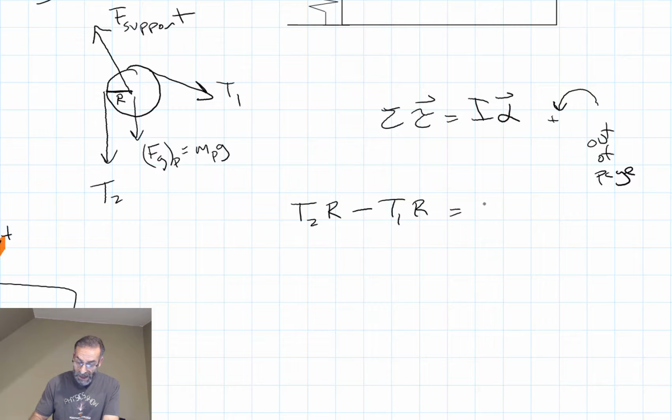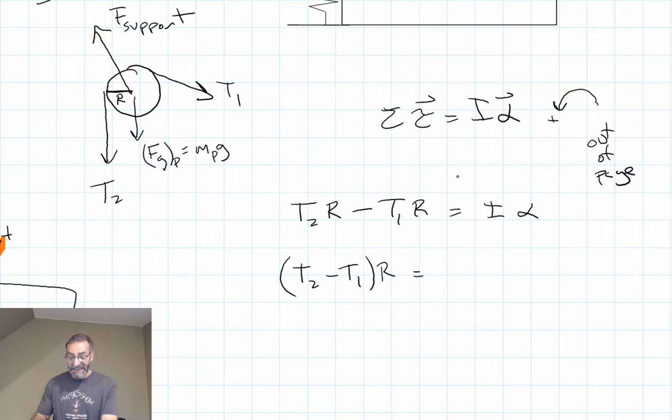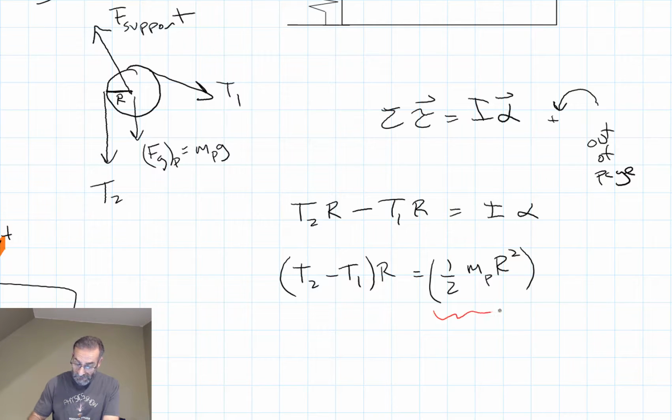And this has to equal I times alpha. So I've got T2 minus T1 times R is I for the pulley. The pulley is a solid disk, so that's 1/2 M pulley R squared is I times alpha. And we know that alpha and A are related. What's the acceleration of the masses? It's the same as the acceleration of the string.